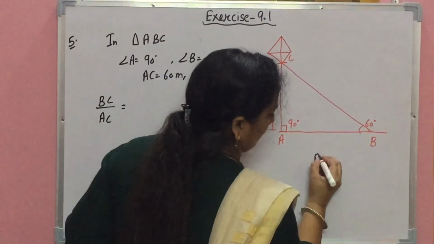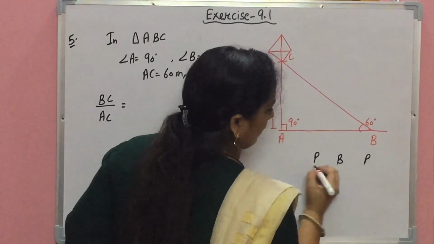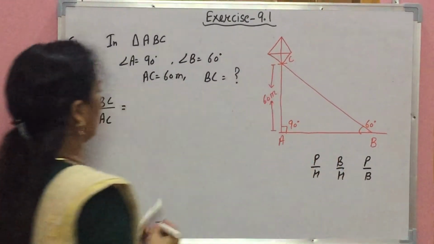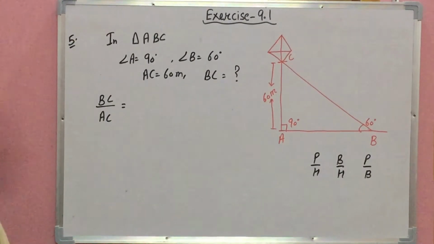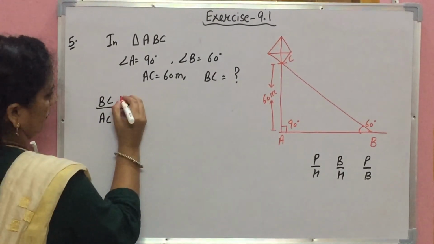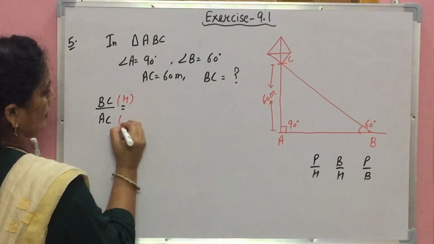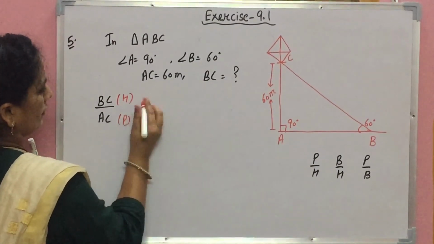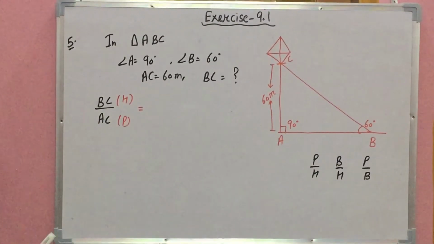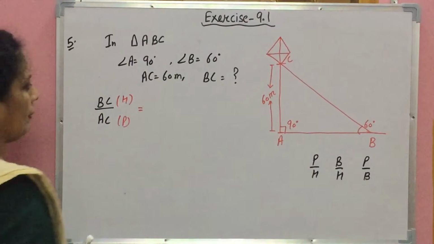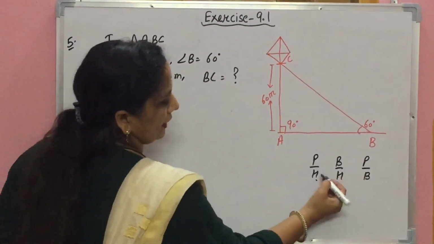Formula. BC is hypotenuse. AC is perpendicular. So BC by AC, that means H by P. H by P. This is cosecant.